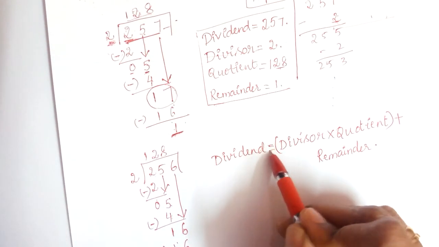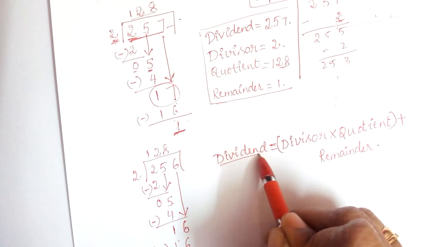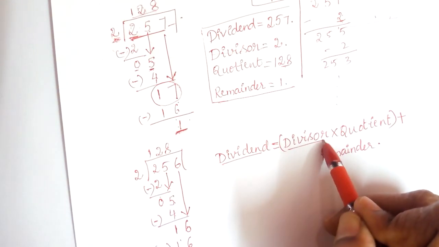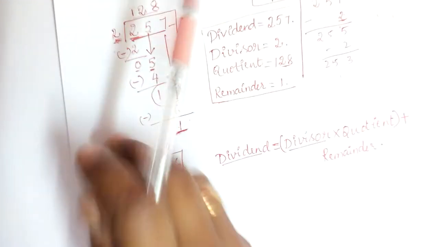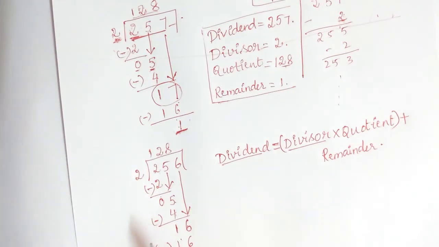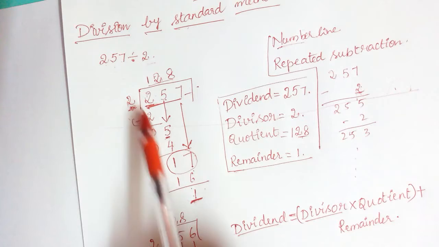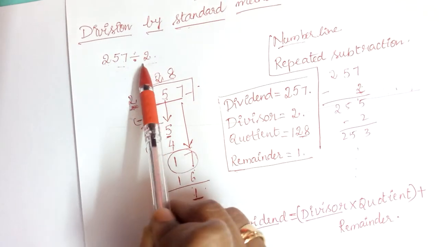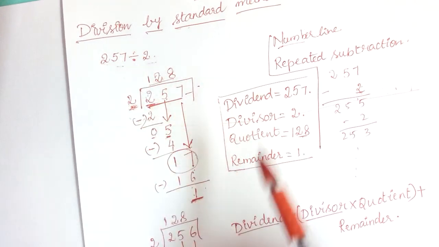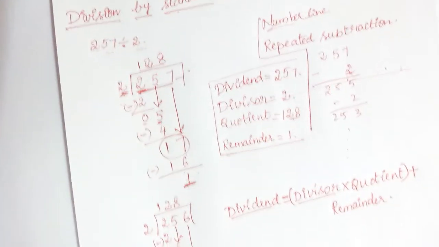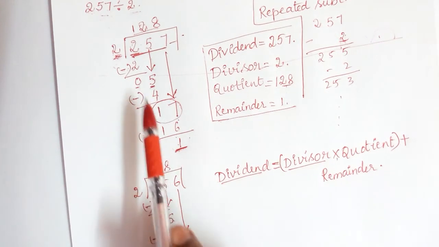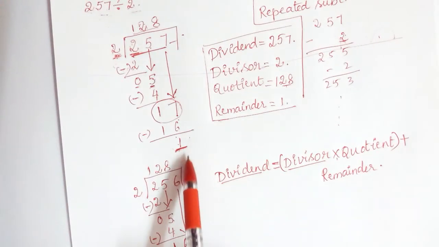Okay, so we have dividend and we have already divisor also. That means we'll get these 2 numbers when we have to do some division. This is dividend 257 and this is divisor. So we have to check whether we got correct quotient or not. So we'll do for this because we have remainder also.